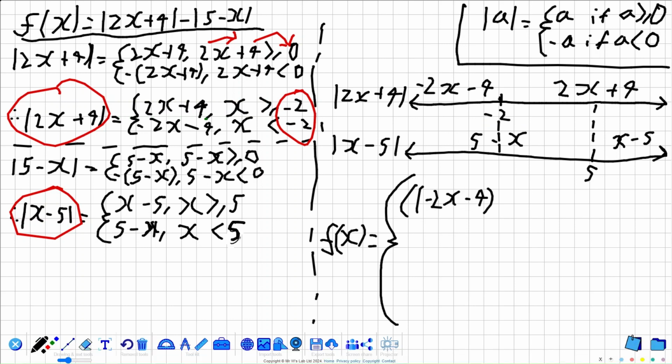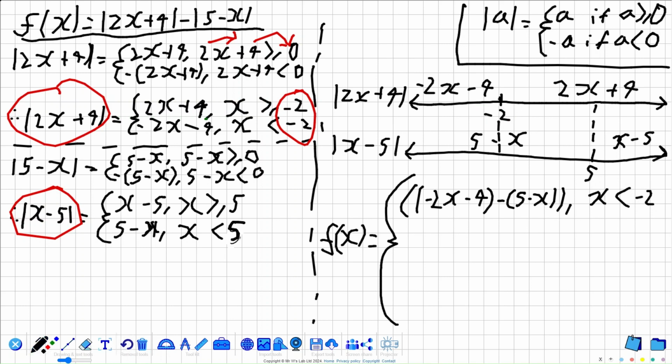And then, because you might see that up here we've got a minus there, what we have to do is we've actually now got to minus the 5 minus x, and then we'll say that this is for x is less than negative 2, because that's what that point is.